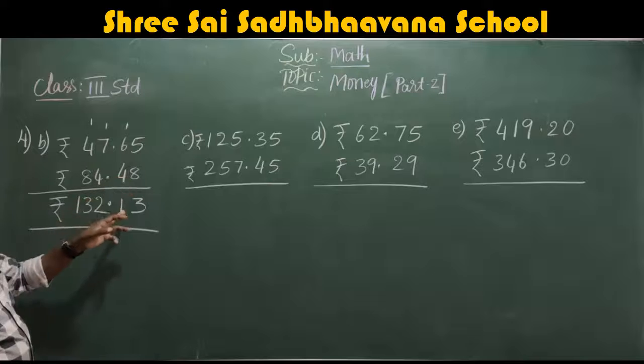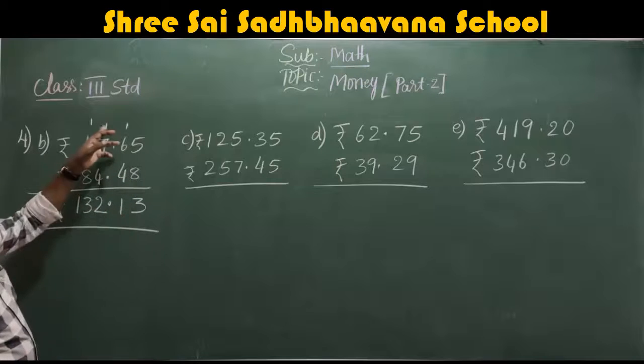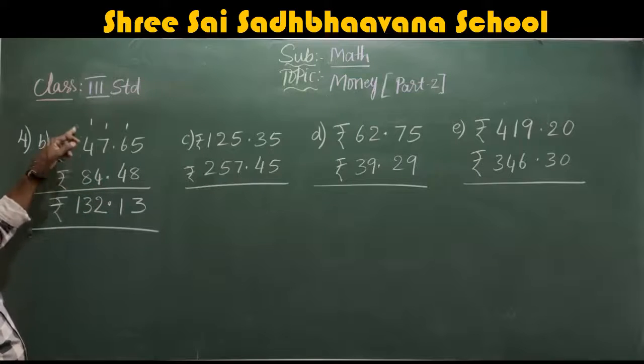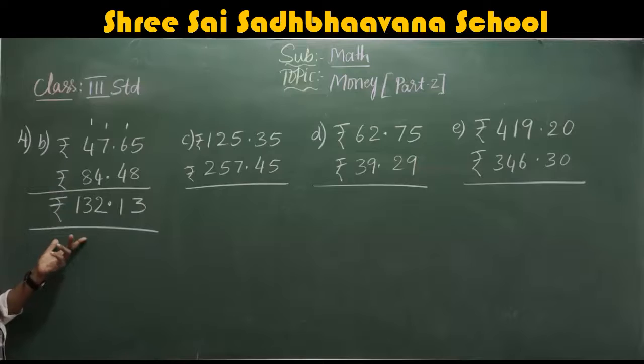Once again I will add: 8 plus 5, 13, carry 1. 6 plus 1, 7, 7 plus 4, 11, carry 1. 7 plus 1, 8, 8 plus 4, 12, 2 as it is, carry 1, 4 plus 1, 5, 5 plus 8, 13. That is rupees 132.13.